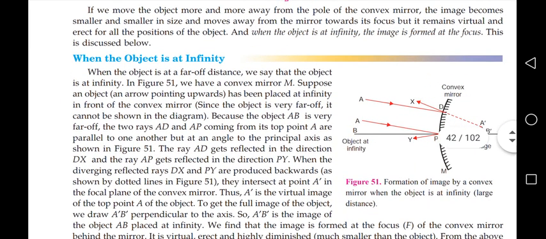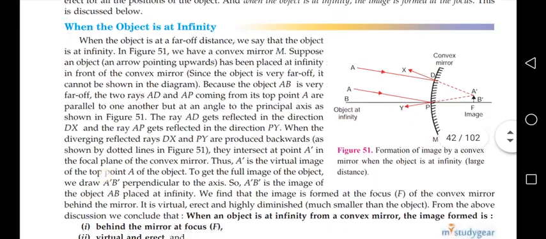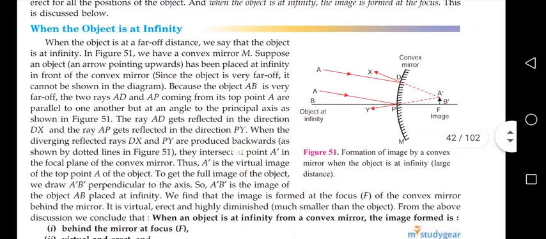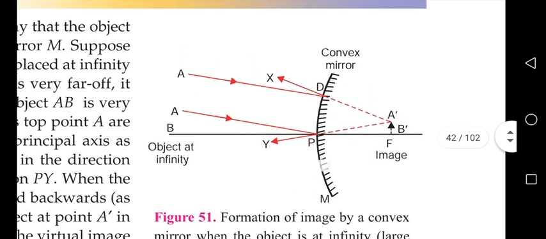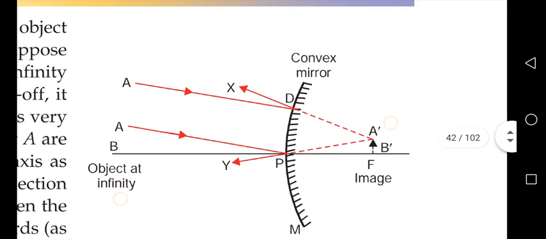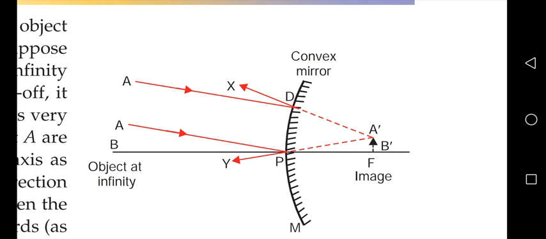Next case, there are only two cases I told you. So next case is when the object is placed at infinity, what will happen? Whenever you keep the object at infinity, it means that we are going to get parallel rays of light from that object. So here I have two rays. One ray is coming through A and is reflected at point D and going back along X. One more ray is there, that is AP, and it is reflected along PY.